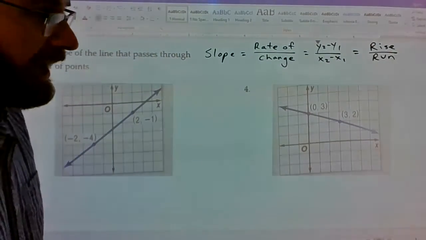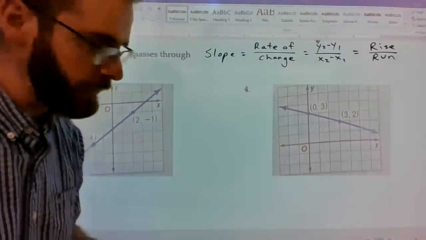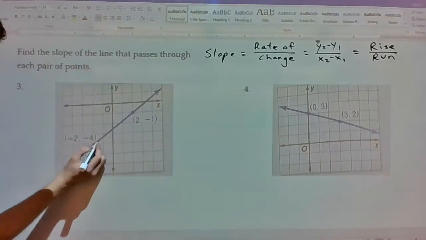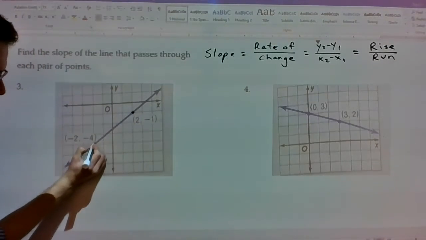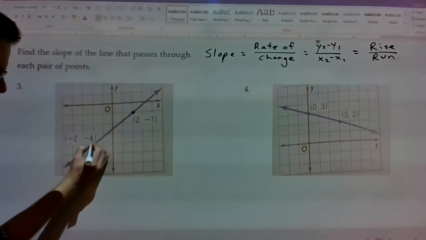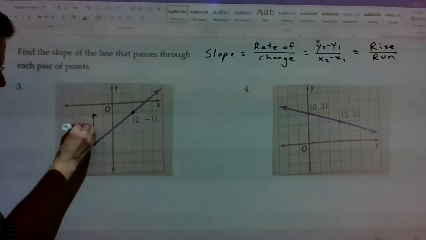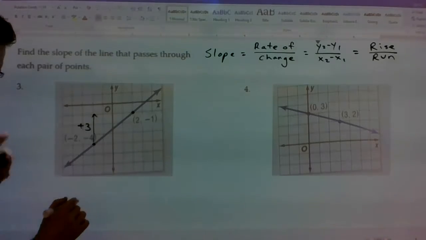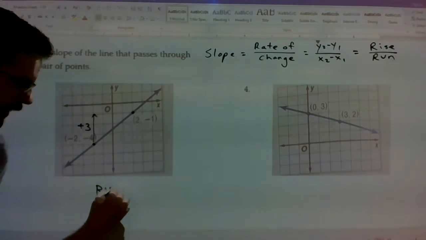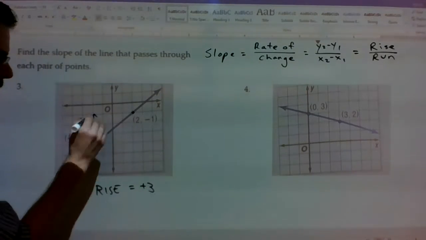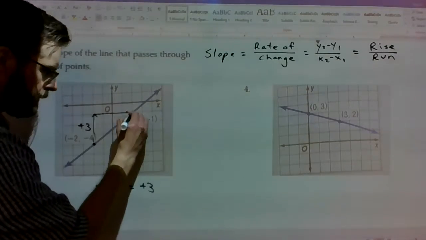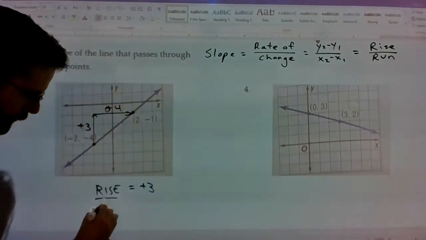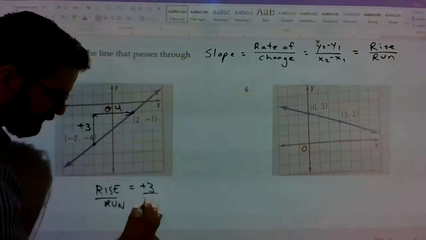So the slope of the line, I can literally count. I can say, going from this point to that point, I just go up 1, 2, 3. So up 3 is my rise. So my rise is plus 3. My run is going to be right 1, 2, 3, 4. So my run is plus 4.